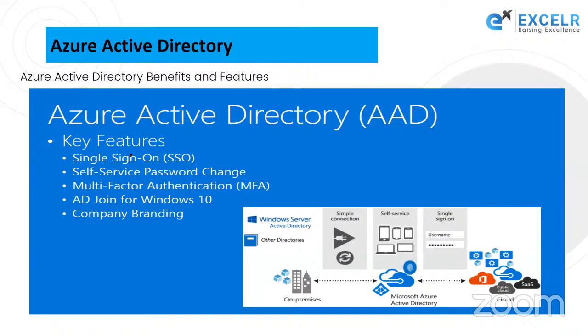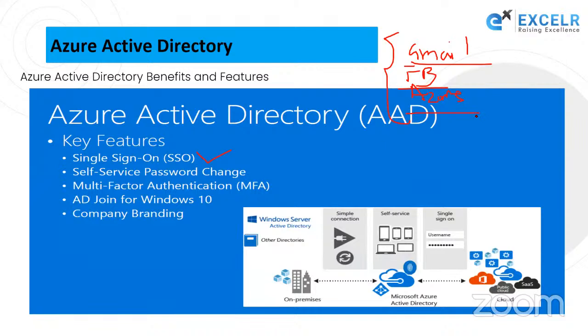One of the features of Azure Active Directory is that it provides a single sign-on feature. Now, what is the single sign-on feature? You might be using your Gmail, or your Facebook, or your Amazon ID. Whenever you try to log in to any application, they will ask you to use the details of one of these providers.